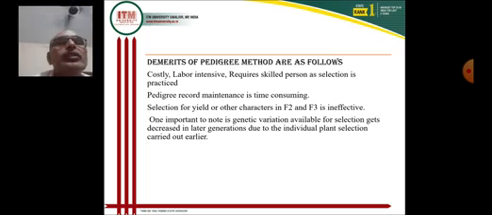One important thing to note is genetic variation available for selection gets decreased in later generation due to individual plant selection carried out earlier.